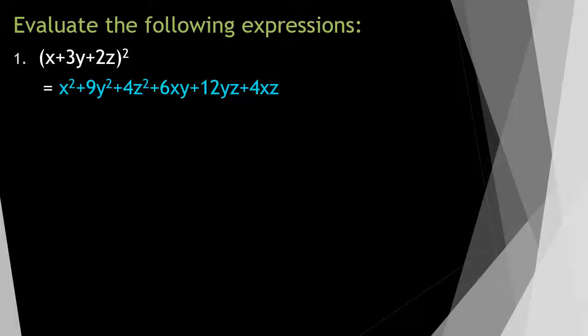We have x squared, plus the square of the middle term, which is 3y, we have 9y squared, plus the square of the last term, which is 2z, we get 4z squared, plus twice the product of the first term and the middle term, we get 6xy, plus twice the product of the middle term and the last term, we will derive an answer of 12yz.